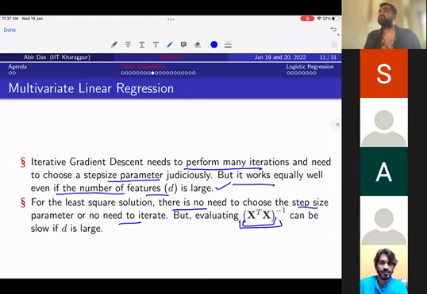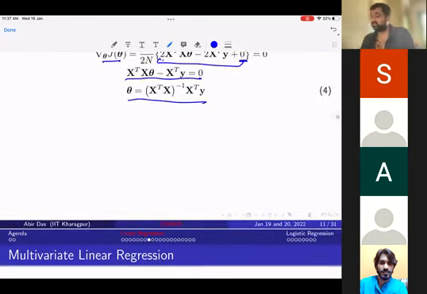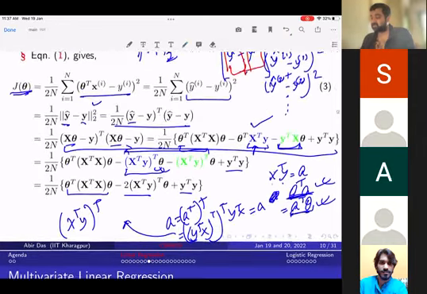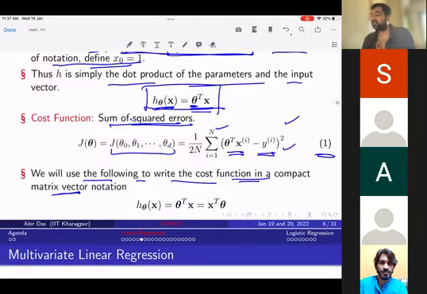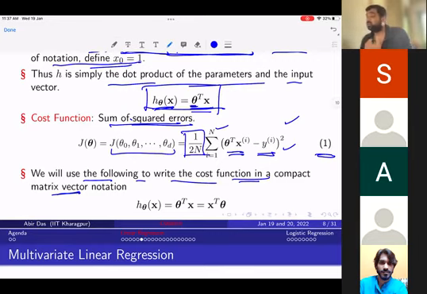Another question is why we divide by 2. It's just convenience. Whatever you are dividing the cost function by does not affect the argument.